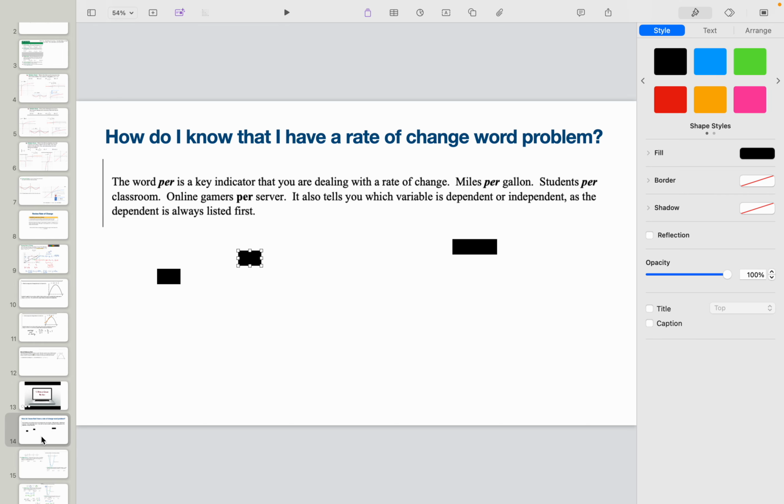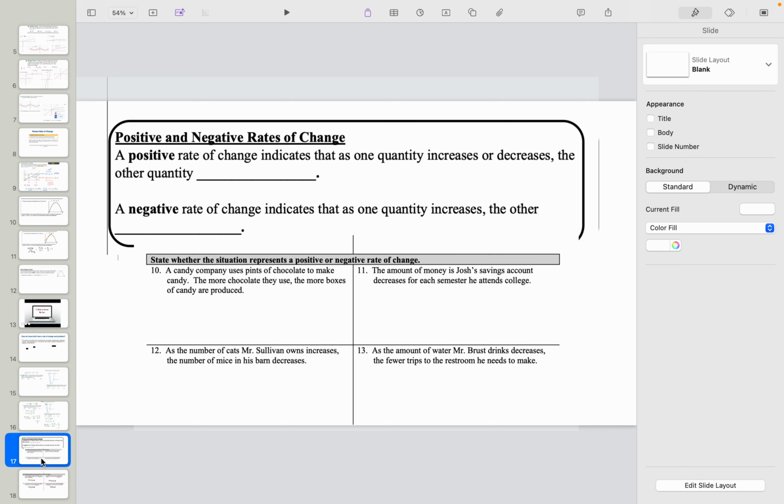So let's practice just a little bit with that. Well, I'll add one more thing and then we're going to practice. So we can also talk about a positive rate of change. This would be a positive slope. So something going across the screen like this is the x variable is going up, the y variable is going up, or as the x variable is going down, the y variable is going down.